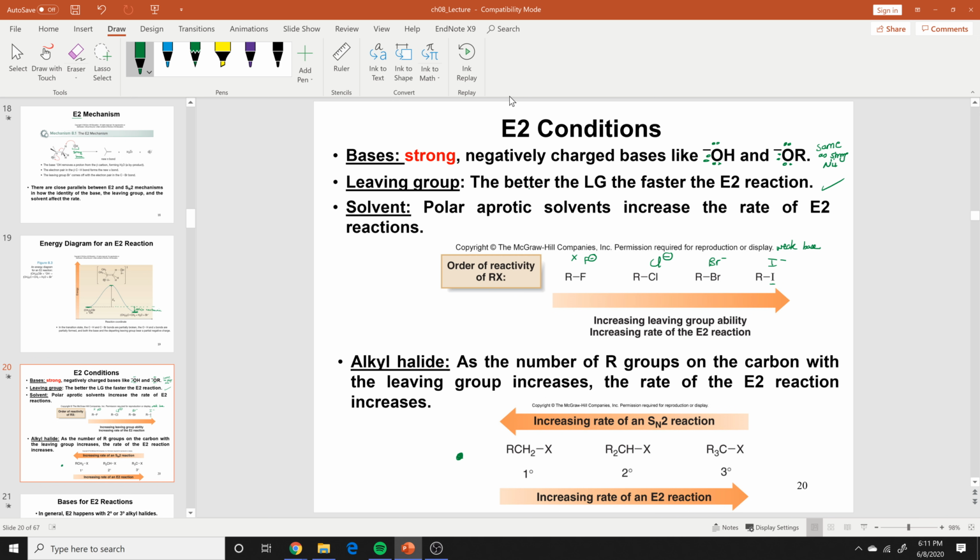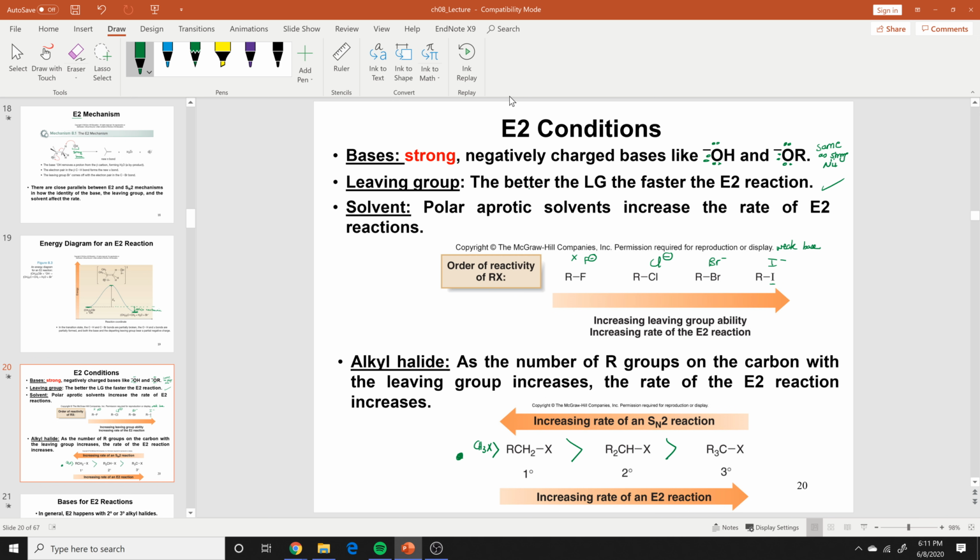Now this is where the alkyl halides in these elimination conditions part from substitution. Remember when we said that with SN2, the reaction happens faster when you have a methyl halide compared to a primary, secondary, or tertiary alkyl halide.